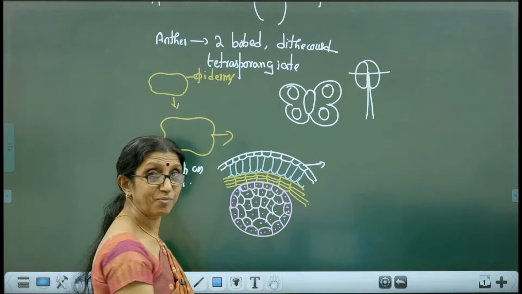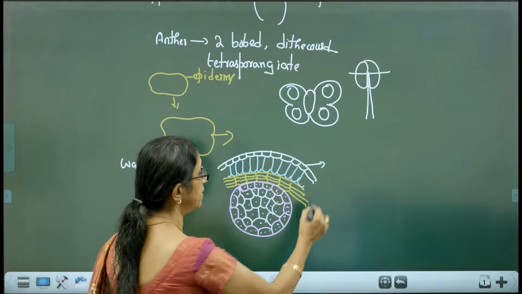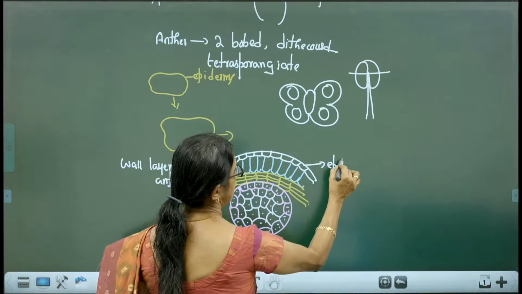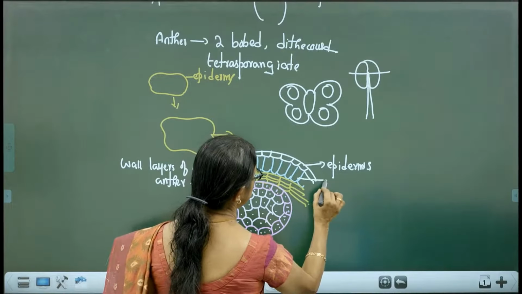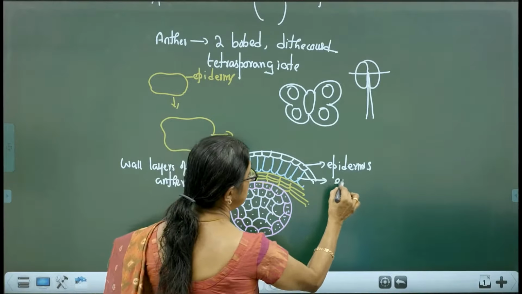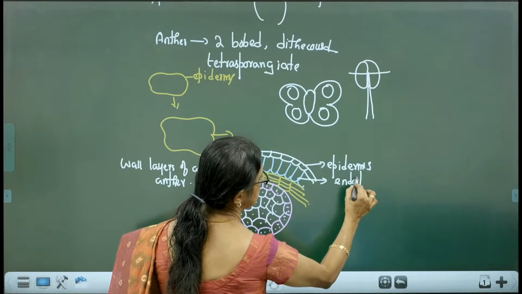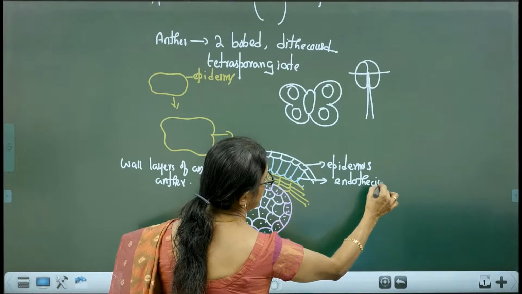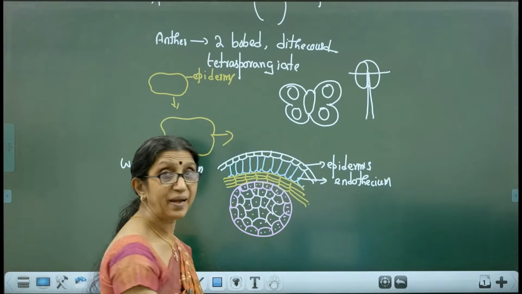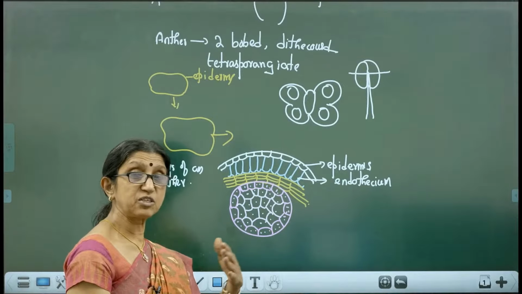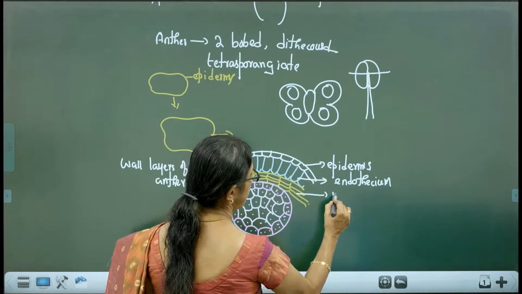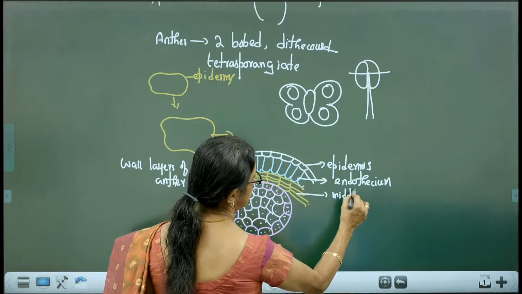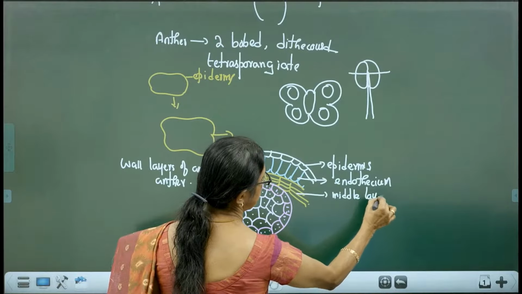This is the outermost layer and it is called epidermis. And the next one is called endothecium, followed by 2 to 3 layers of thin-walled and narrow cells, and it forms middle layers.